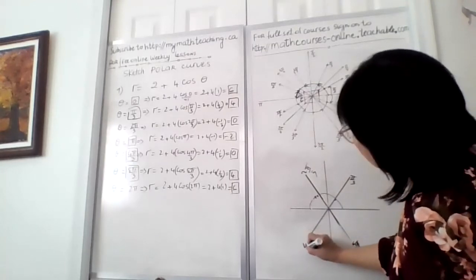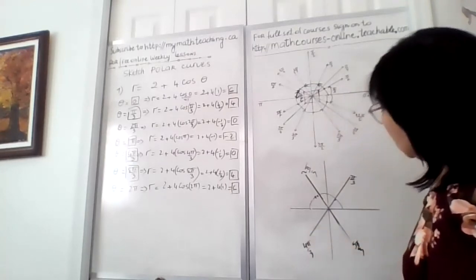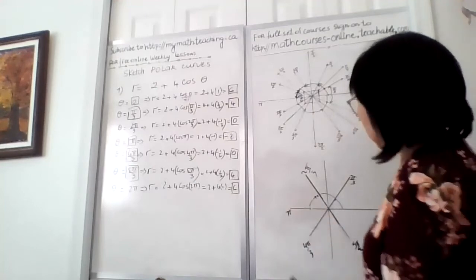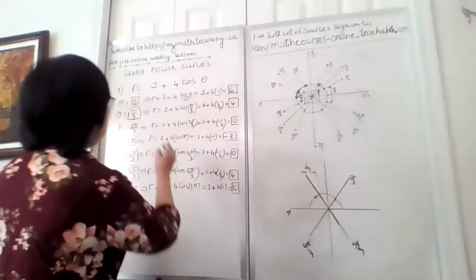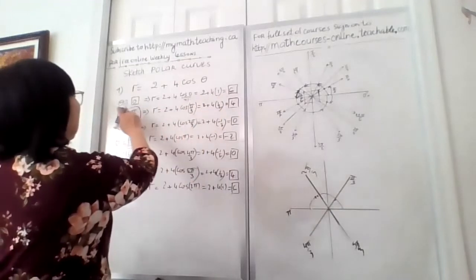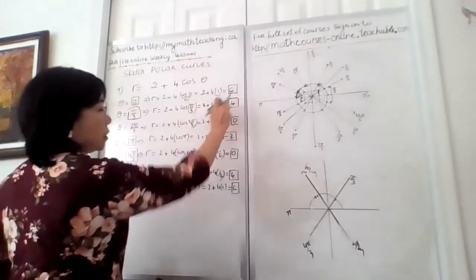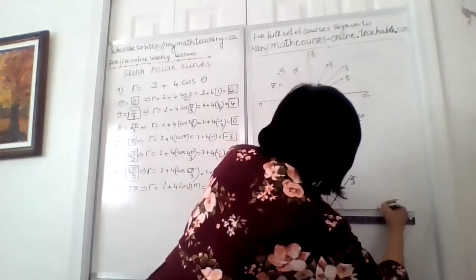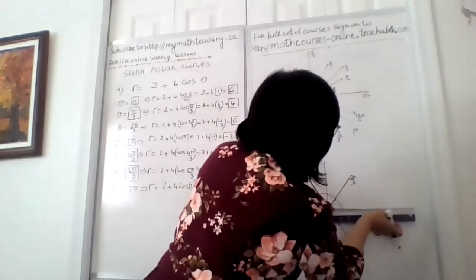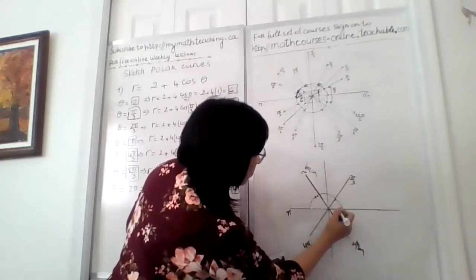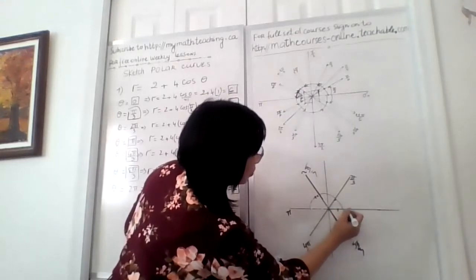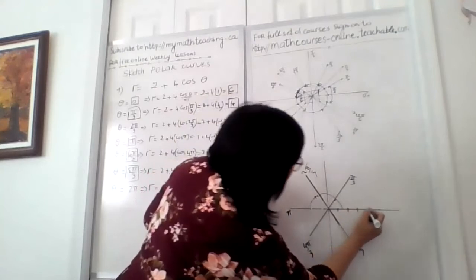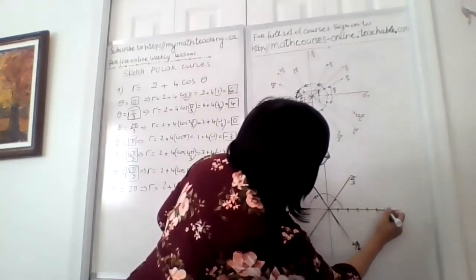And this line will be 4 pi over 3. And this will be pi. Okay, so we start from theta equals 0, r equals 6. Now remember, each line here is the radius of the unit circle, right? So let's divide this by 6 units. 1, 2, 3, 4, 5, 6.